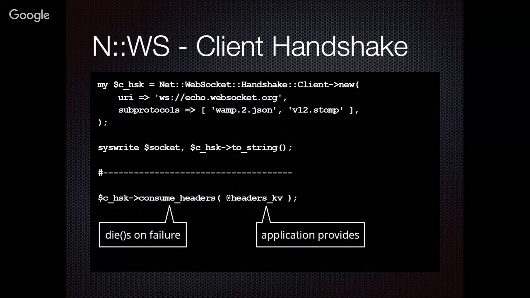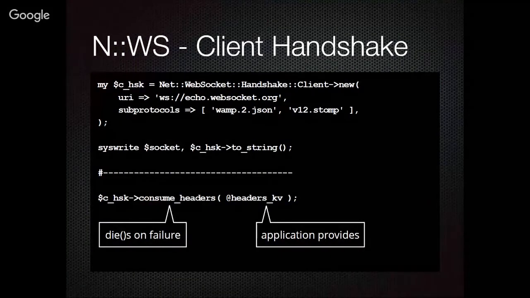So you can use whatever homegrown or off-the-shelf module you like. Once you've done that, you just hand that off to the WebSocket logic, and it will do the rest for you. So you instantiate the handshake client object, and you give it the parameters it's going to work in. Say, I'm going to connect to this URL. These are the sub-protocols I know how to speak.